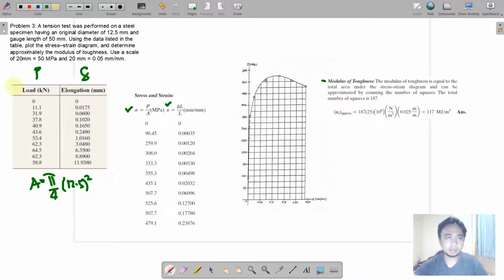So using the following scale of 20 millimeter, in every 20 millimeter there will be the equivalent of 50 megapascal for the sigma, and a scale of 20 millimeter equivalent to 0.05 millimeter per millimeter for our epsilon. So graphing that, and then using the same scale, we are going to count now the number of squares.